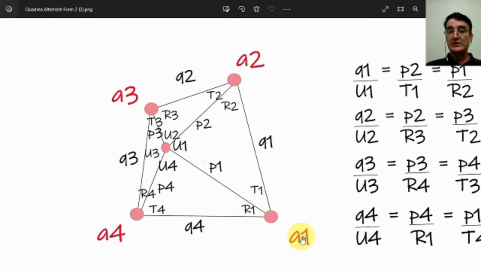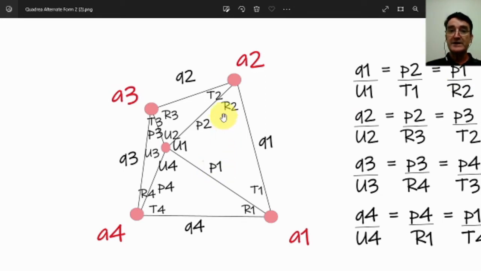For projective triangle A1, A2, A5, the spread law is given in this first set of equations: Q1 divided by U1 is equal to P2 divided by T1, and that's equal to P1 divided by R2.